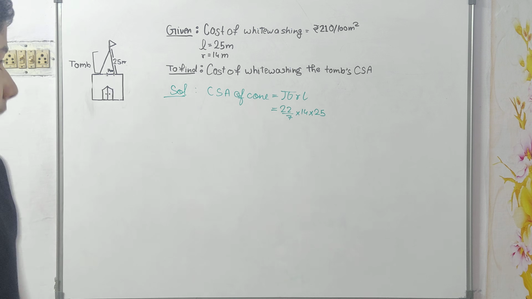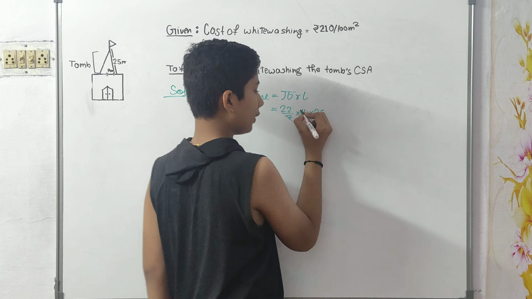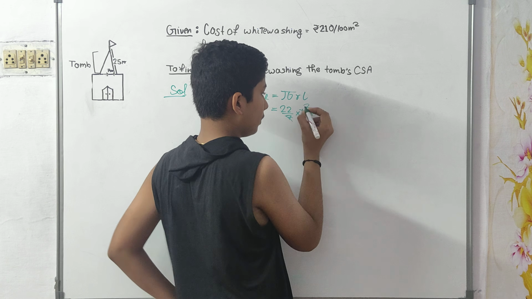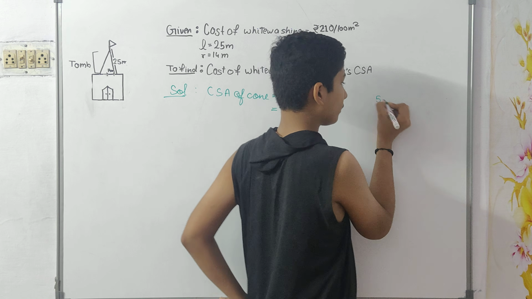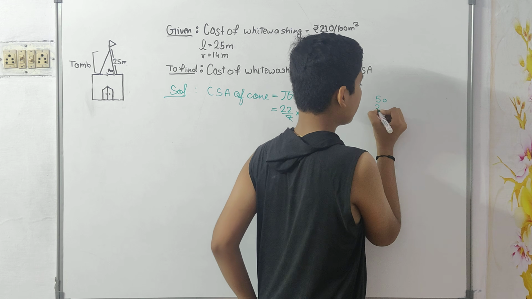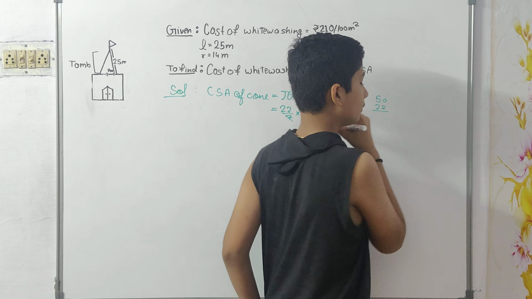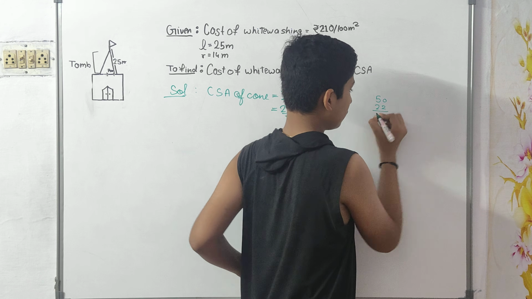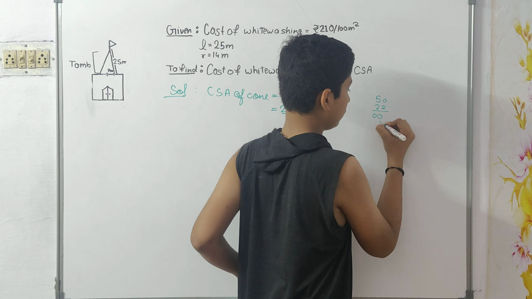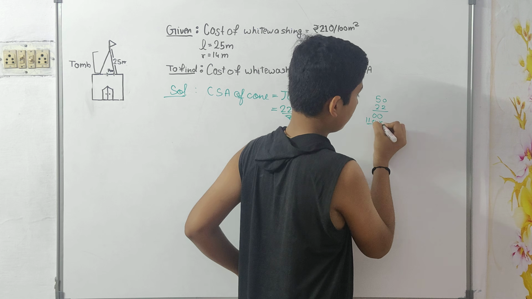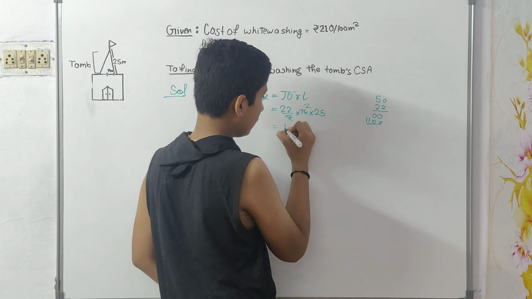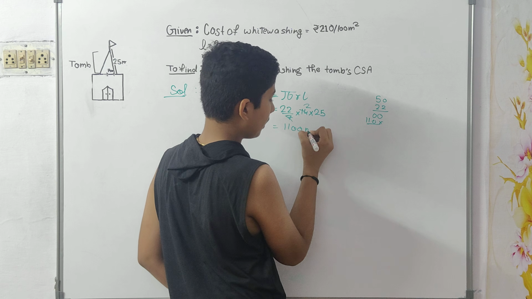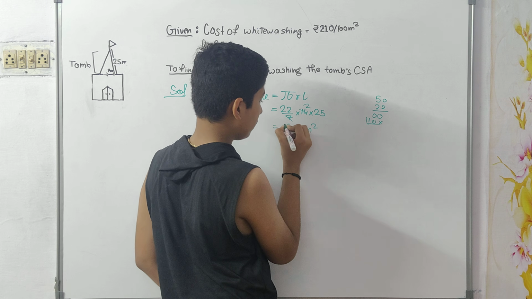Yes, it is 25 meters. So 7 2s are 14, so it would be 50 into 22, which is 1100 meter square.